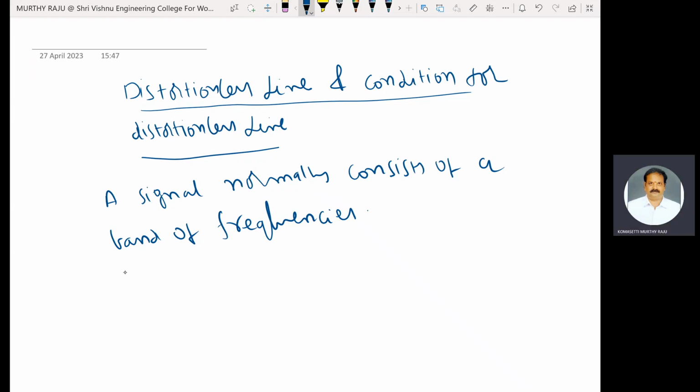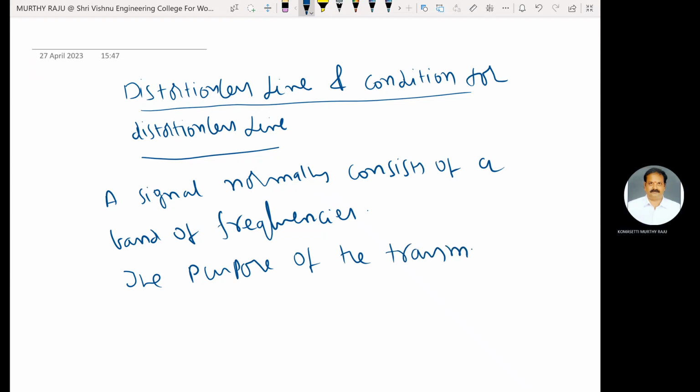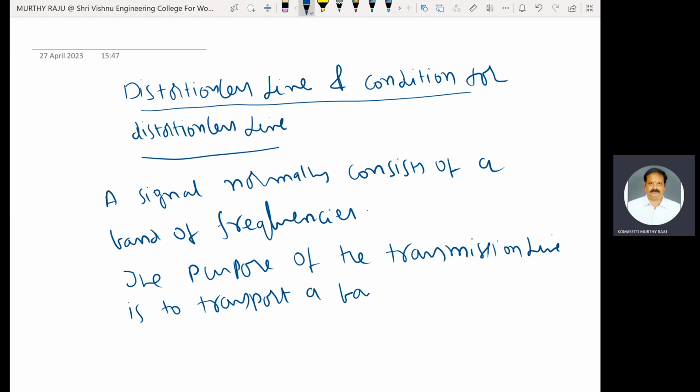The purpose of the transmission line is to transport a band of frequencies.